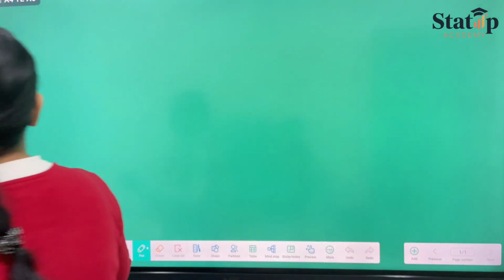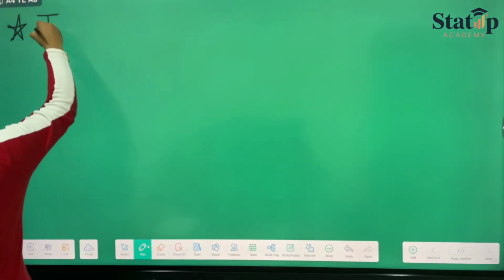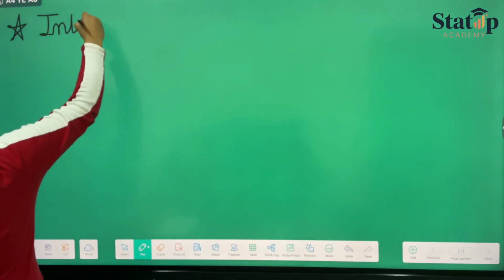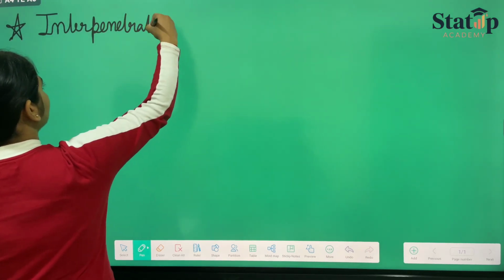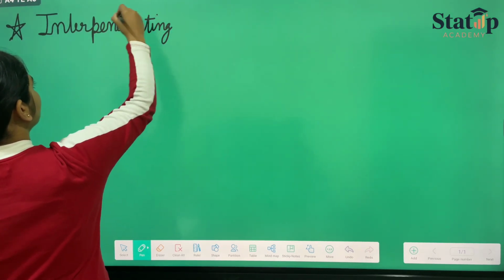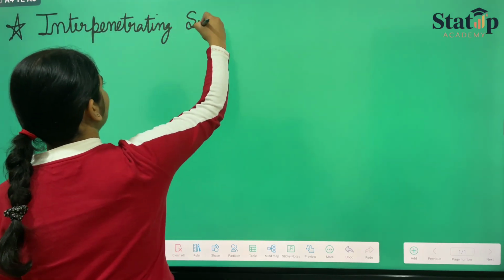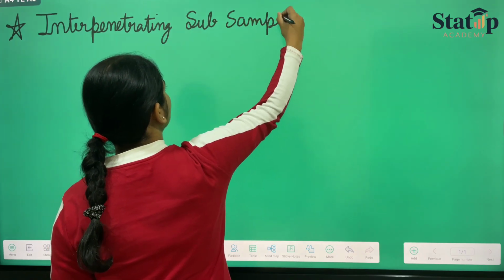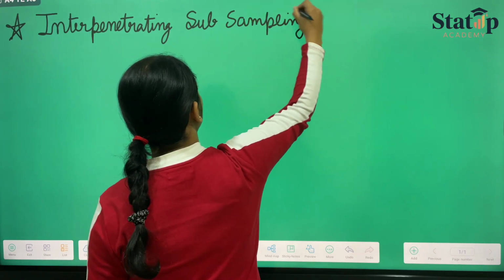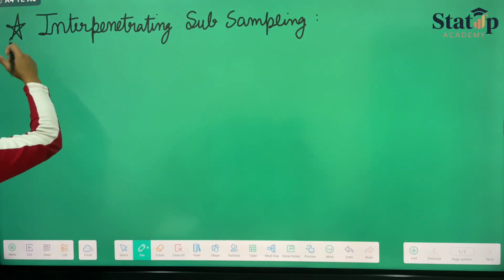So, writing down what is interpenetrating subsampling. This is the topic. So we can define it as definition.